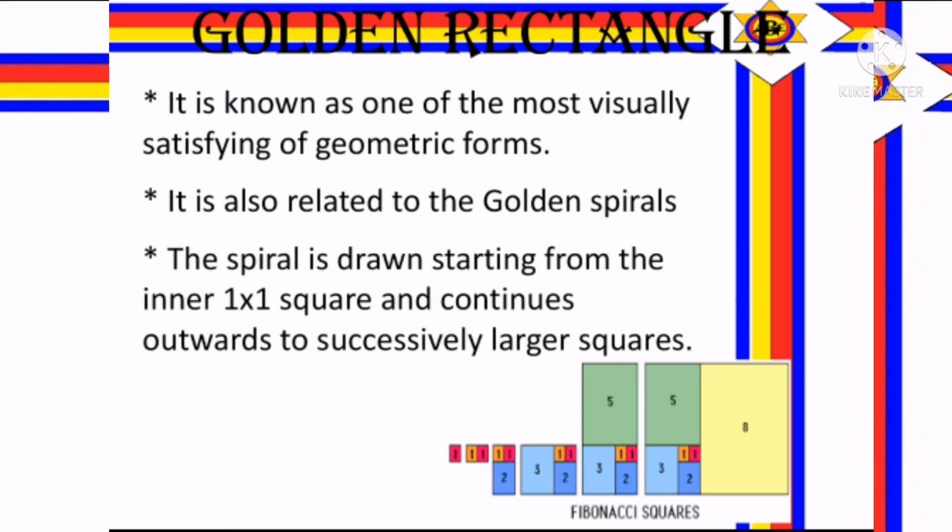It is known as one of the most visually satisfying of geometric forms. It is also related to the golden spirals. The spiral is drawn starting from the inner 1 by 1 square and continues outwards to successively larger squares.